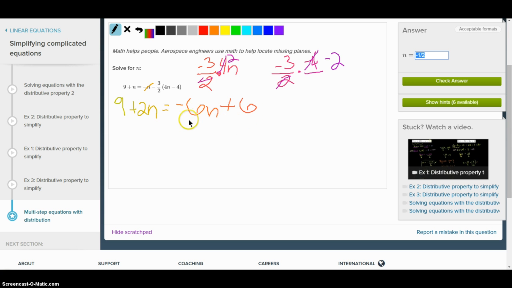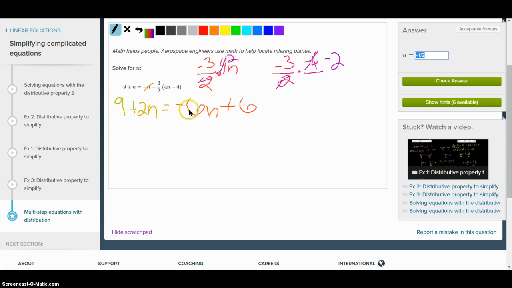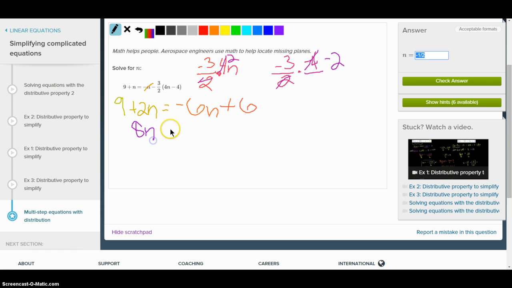So I usually like to have the variable positive, so if we're going to combine these terms, then we can add 6n to both sides, and so 6n plus 2n is going to be 8n. Alright, and now we're going to have to get rid of this 9 on this side so we can get the n term by itself.